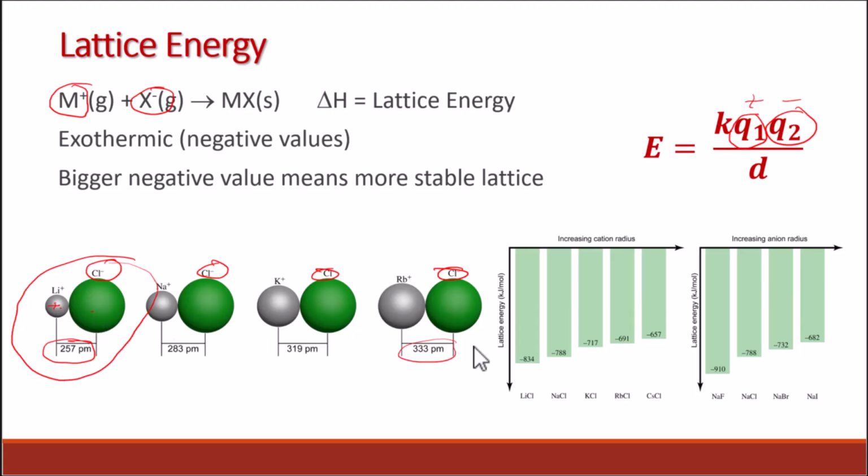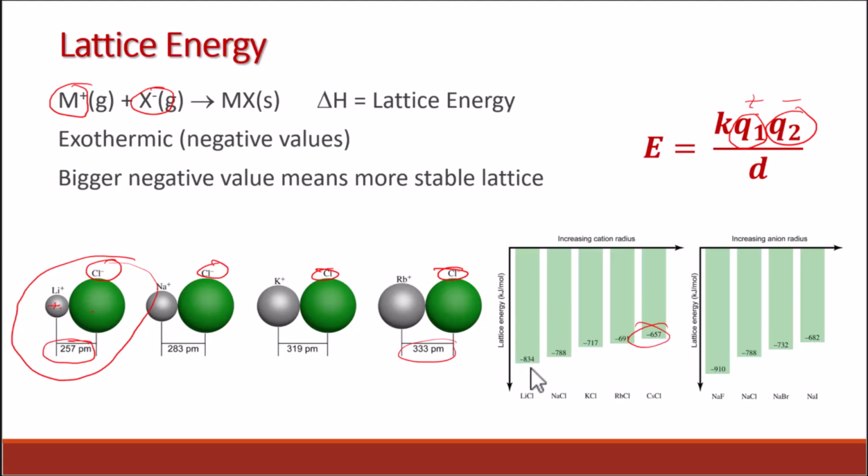Okay? So if you increase the radius, you reduce the lattice energy. So here's the lattice energy for lithium chloride, minus 834 kilojoules per mole, and here is the lattice energy for cesium chloride, which is minus 657 kilojoules per mole.